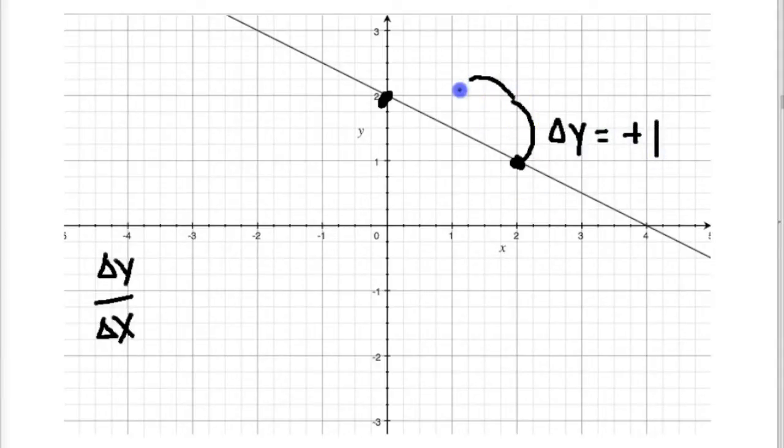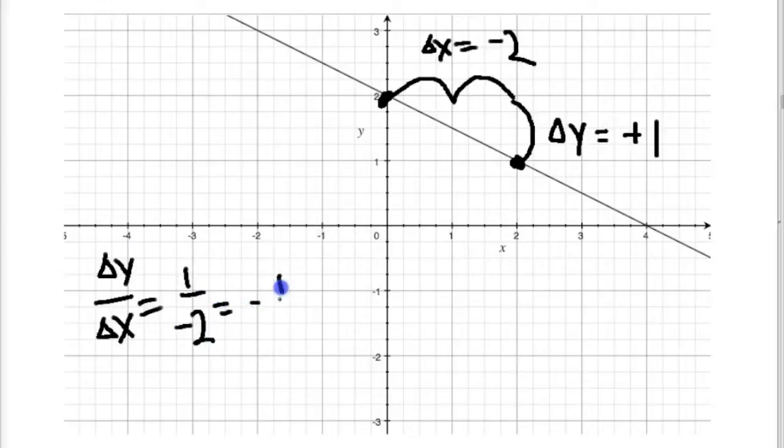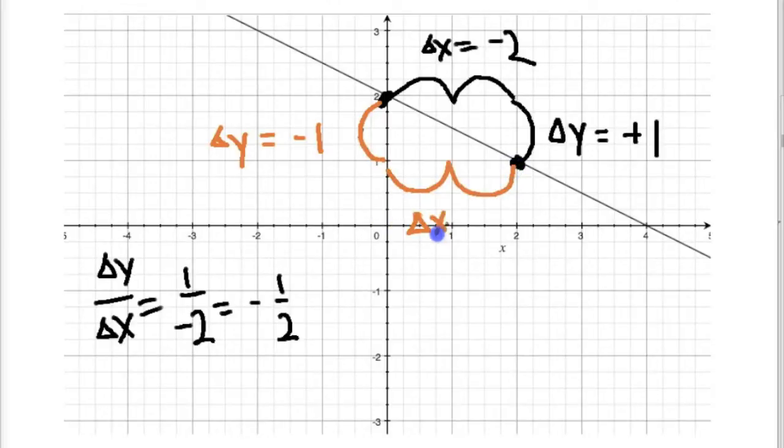And from here it goes 1, 2. So change in x is negative 2. Now the slope is 1 over negative 2. So it's just negative 1/2. Now, we started with this point, but let's see if we get the same answer when we start with this point. So from this point, we have to move 1 unit down. Then we move 2 units to the right.